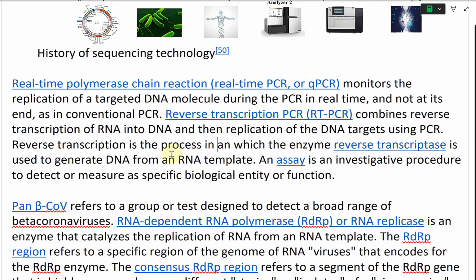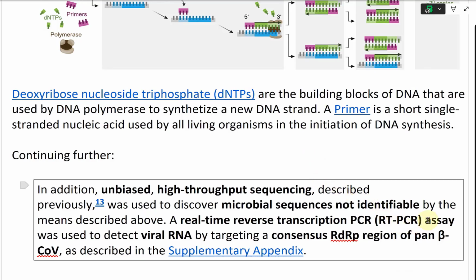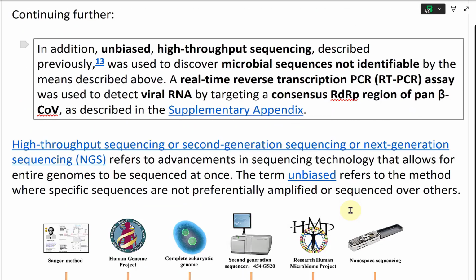And reverse transcription is the process in which the enzyme reverse transcriptase is used to generate DNA from an RNA template. In an assay over here, because it's using this RT-PCR assay.